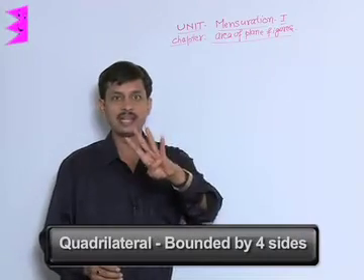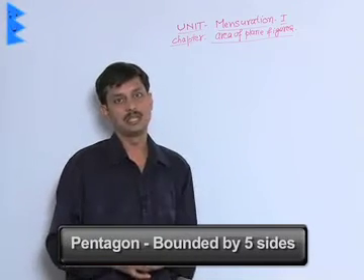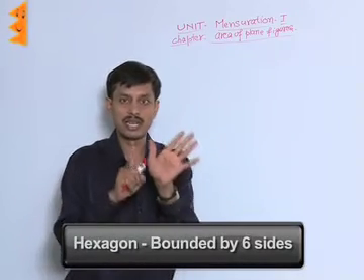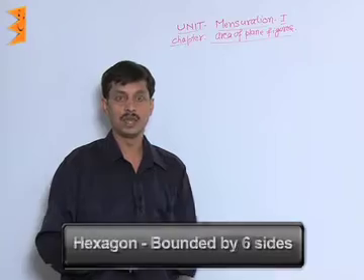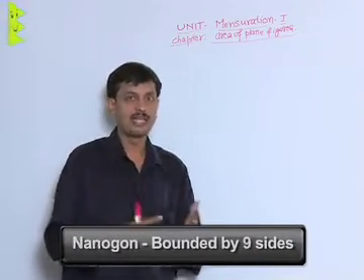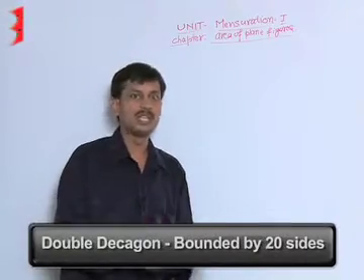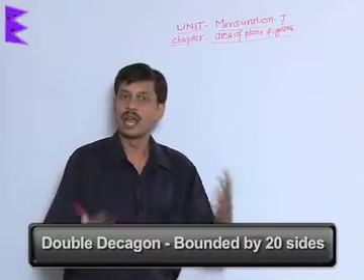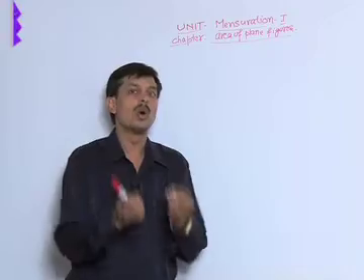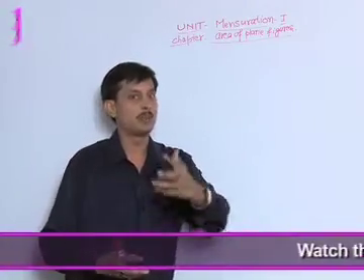Bounded by 4 sides is a quadrilateral. Bounded by 5 sides is a pentagon. Bounded by 6 sides is a hexagon. And bounded by 7 sides, heptagon. 9 sides, nonagon. 10 sides, decagon. 20 sides, double decagon. And if you do not want to mention sides, you say it is a polygon.